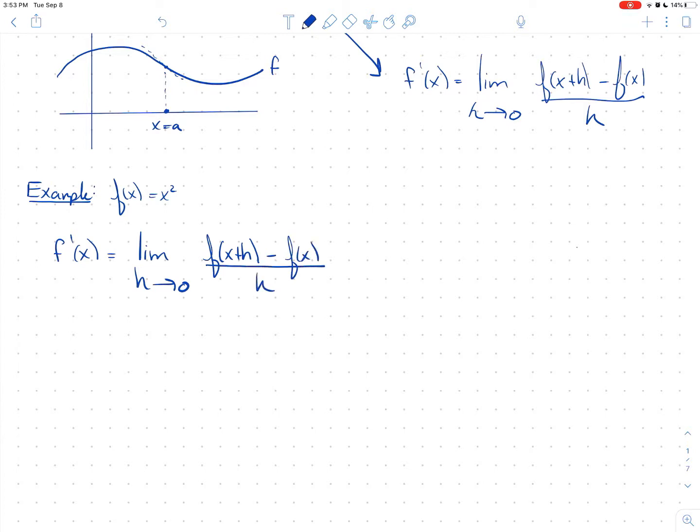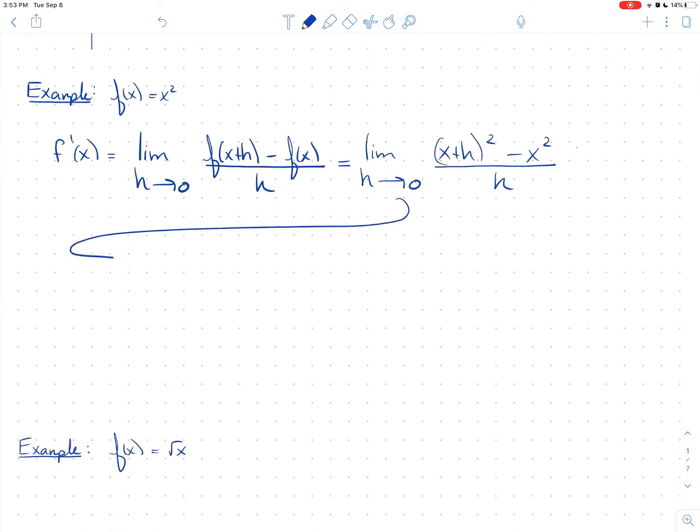I'm just writing down the formula so you can see it. This is the same thing as the limit as h goes to 0 of, well, what does f do? f squares whatever you plug in. So you get out (x plus h) squared minus x squared all over h.